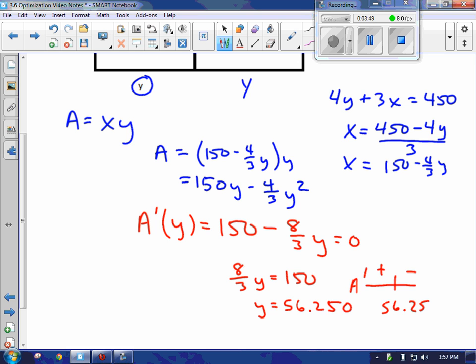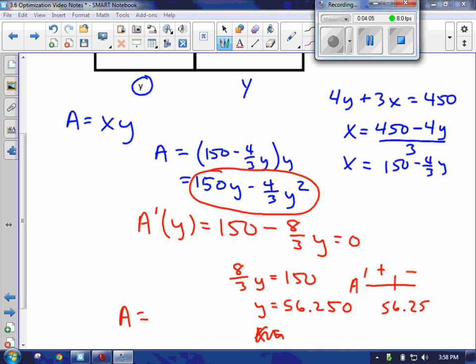Or, actually, we don't even have to do that because we have an area in terms of y only. So if you use your calculator and you do the such that, like I taught in the first video, then you can find the area, 4,218.75 feet squared.